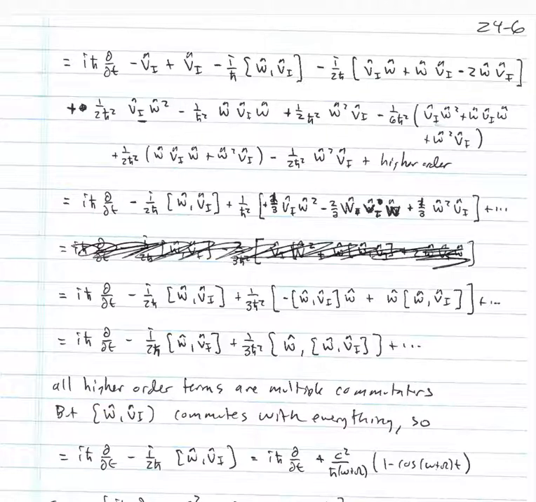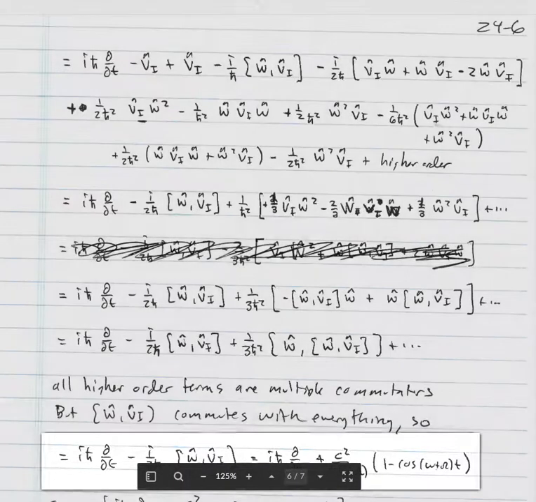And that means I can truncate this expansion at the second term. The third term is actually 0, and so are all higher order terms. And this is what allows us to actually simplify the expression. So we can substitute in what the commutator of w with vi is, and we get i h bar d by dt plus c squared over h bar little w plus big W multiplied by 1 minus cosine little omega plus big omega times t.